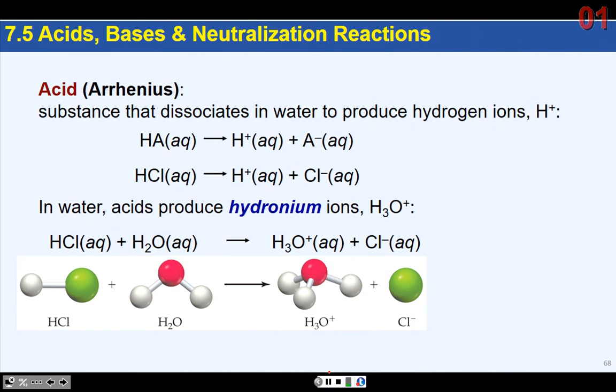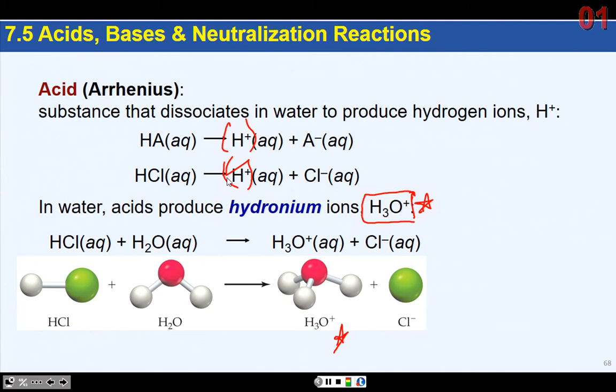Hydronium is H3O+, which is what results when you add a hydrogen ion to water. In a more true sense, the hydrogen ion does not occur by itself. It's too small. It truly attaches to water instead of just being by itself. So that's how we define an acid: those things which produce hydrogen ions or hydronium in solution.